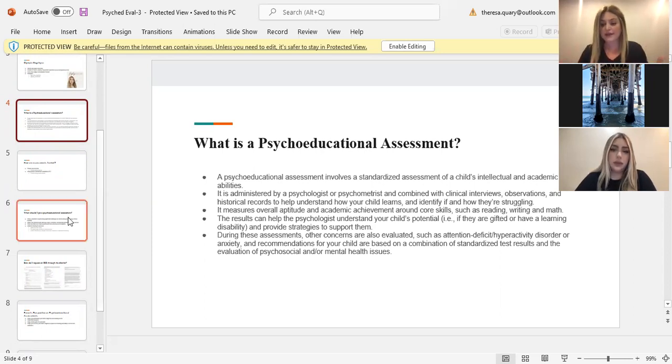So I get this question asked all the time. These assessments can be pricey because it's a huge investment and it's very time consuming. Yes, you get a large 30 to 35 page report afterwards about your child, but a lot of times it's overwhelming, just for different reasons. So who funds this?